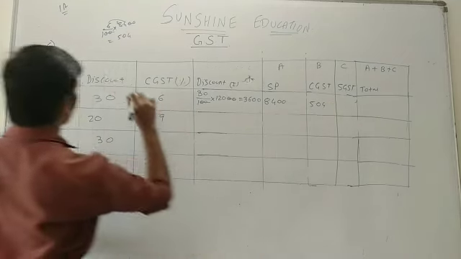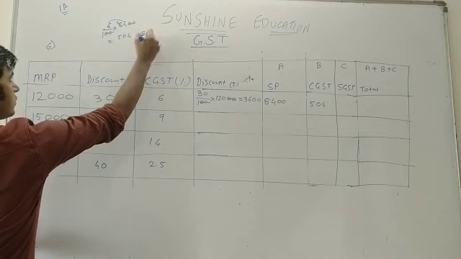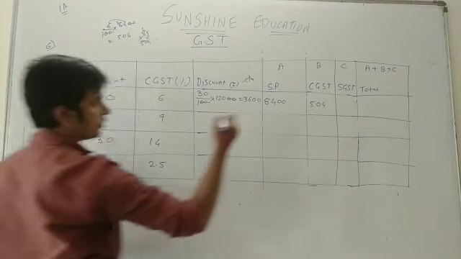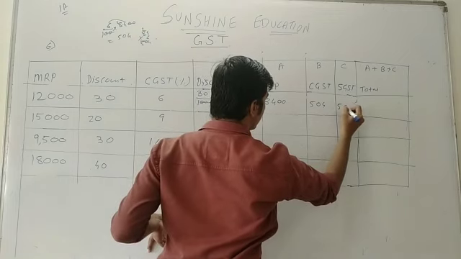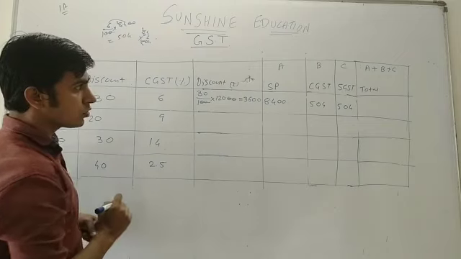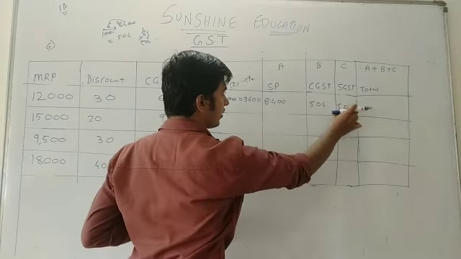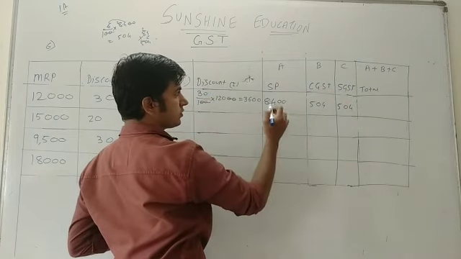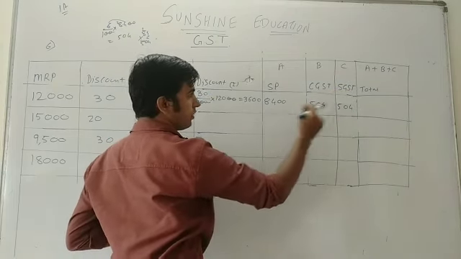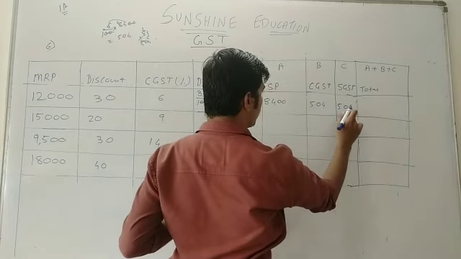Okay, I will again cross check it. 84, 6 4s are 24, 2 6 8 are 48, 504. So here also it is 504. Okay, so I got the selling price, CGST, and SGST. Now the total is the selling price plus taxes. These are the taxes, right? So we will add everything, that is 8400 plus 504 plus 504.